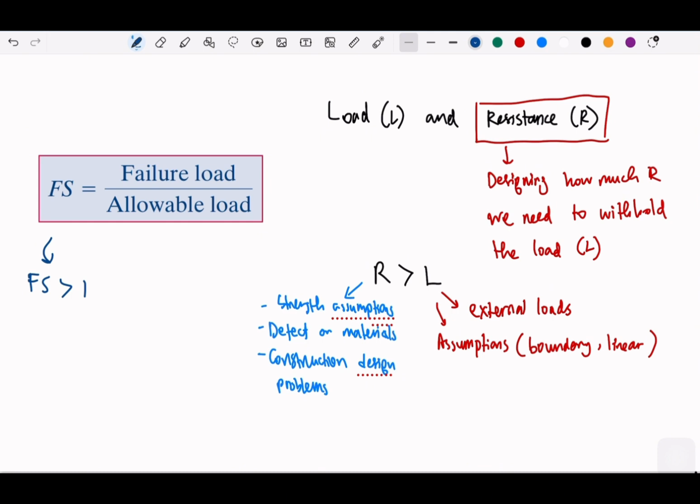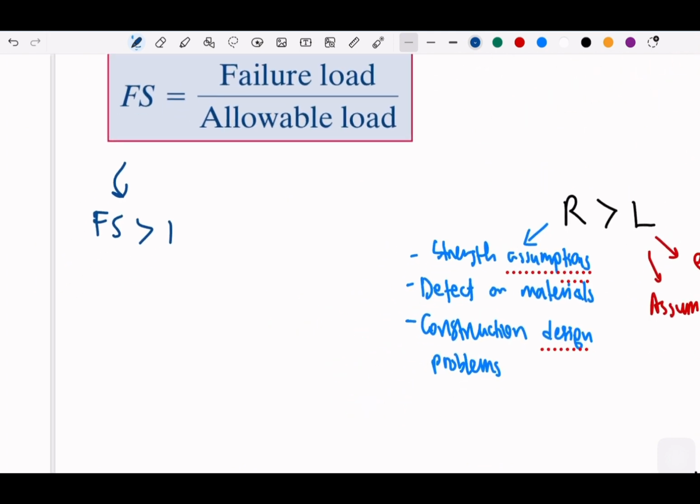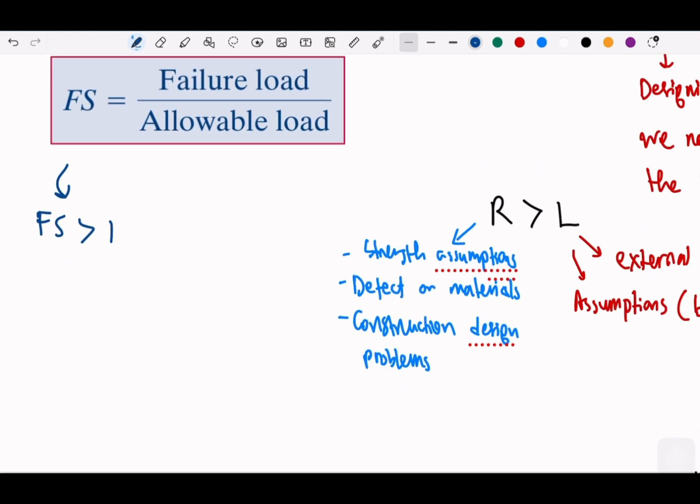And the factor can depend on the nature of failure.